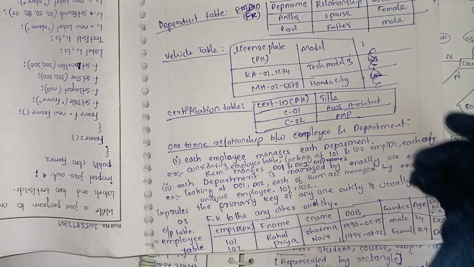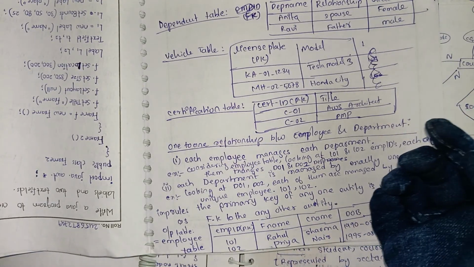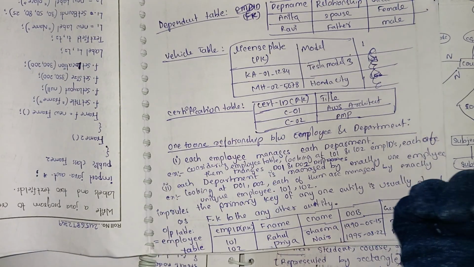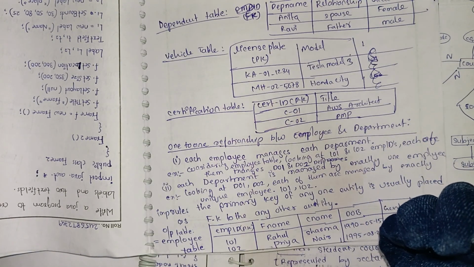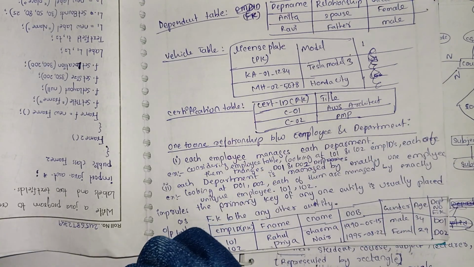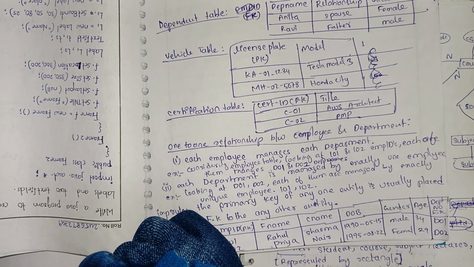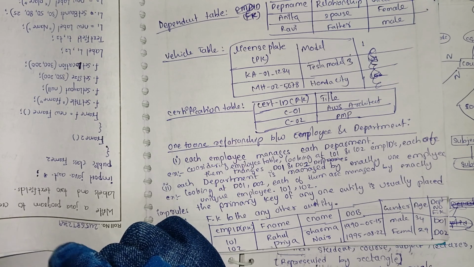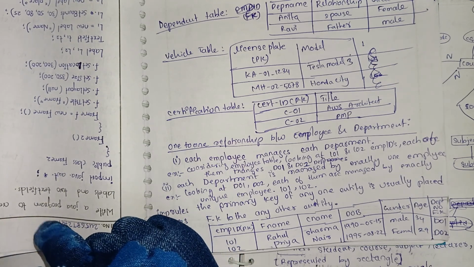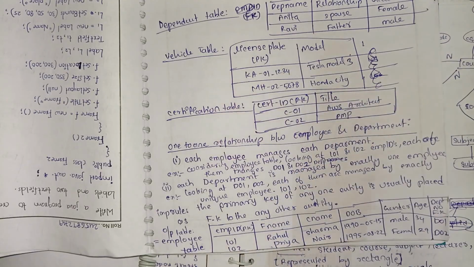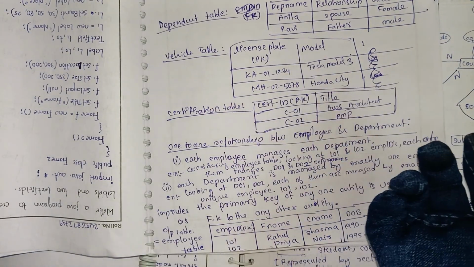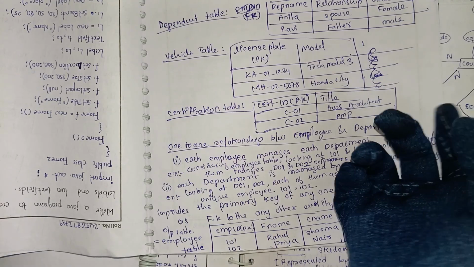So what is the definition of a one-to-one relationship in the relational data model? Each row in the first table relates to exactly one row in the second table, and each row in the second table relates to exactly one row in the first table.